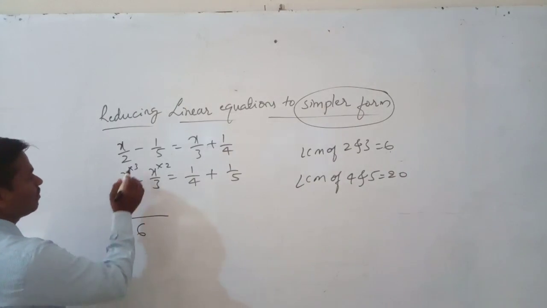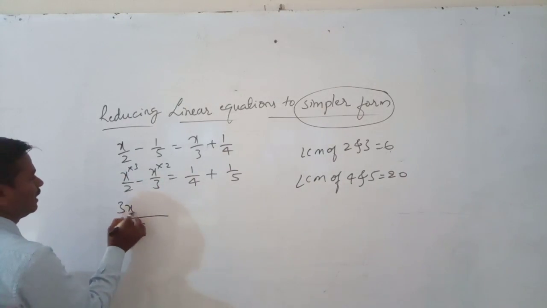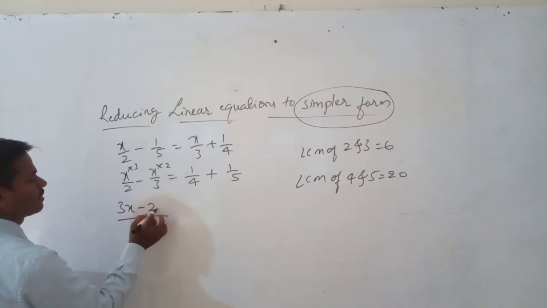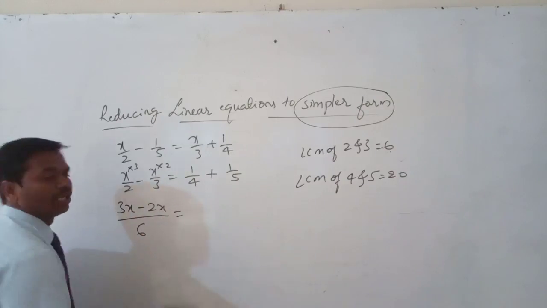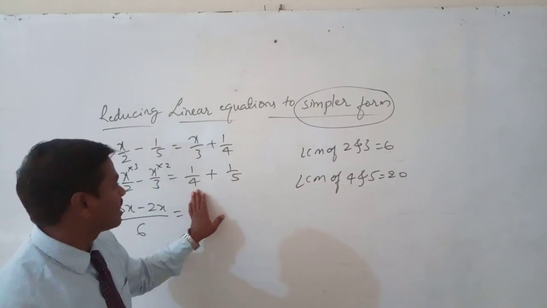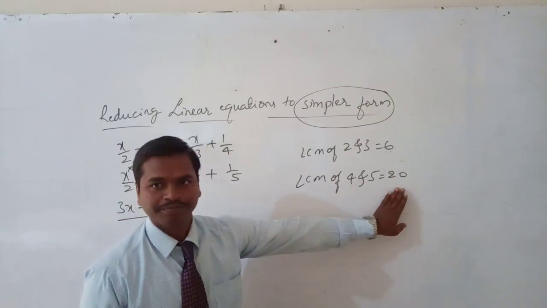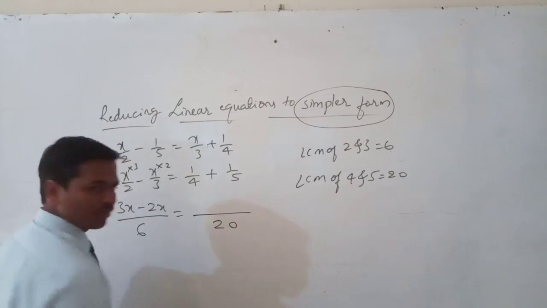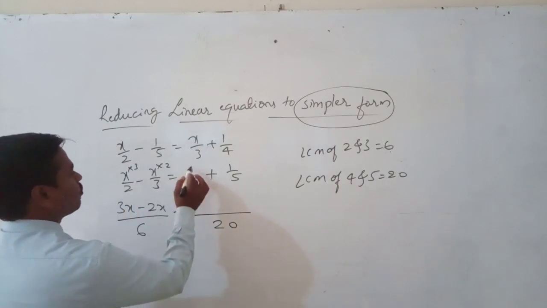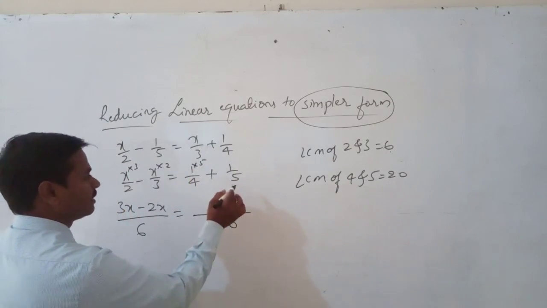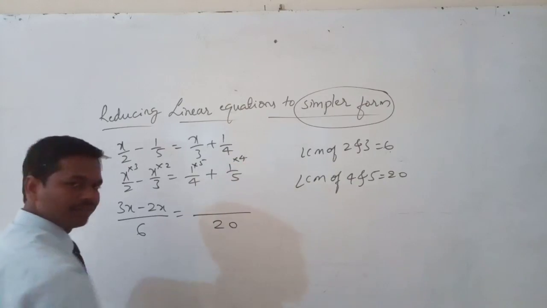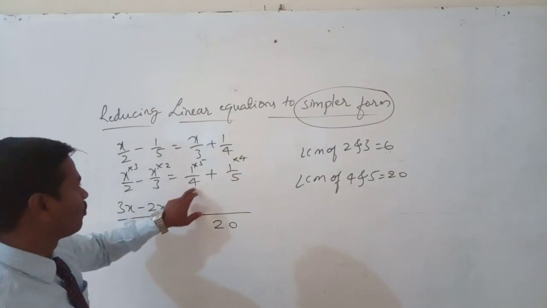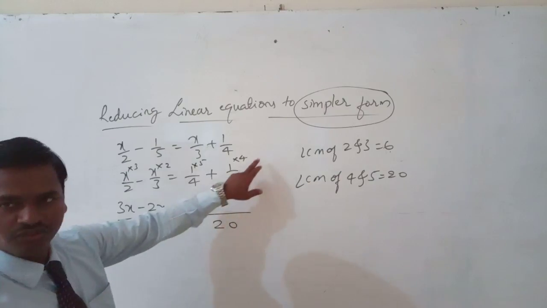Now what is the next step? 3 into x is 3x, 2 into x is minus 2x, equal to denominator, LCM of 4 and 5 is 20. We will write 20 here as the denominator. 4 5s are 20, 5 4s are 20.